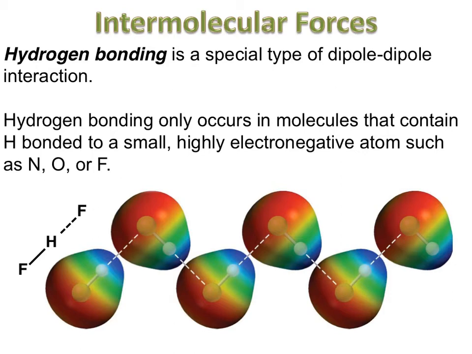In this picture we see hydrogen fluoride. The fluorine is highly electronegative, and the hydrogens are basically shared between the 2 fluorines, and the result is a tighter bond and higher boiling points than what we would expect to see.